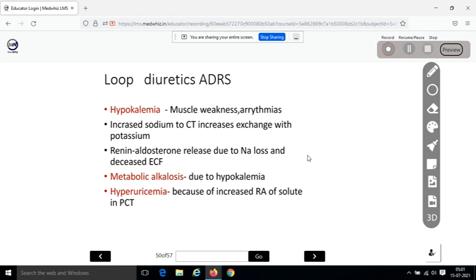Loop agents, as I told, are known for their calciuric effect, but hypercalcemia can occur, generally in patients who become severely dehydrated and who have another cause for hypercalcemia, for example, oral cell carcinoma.